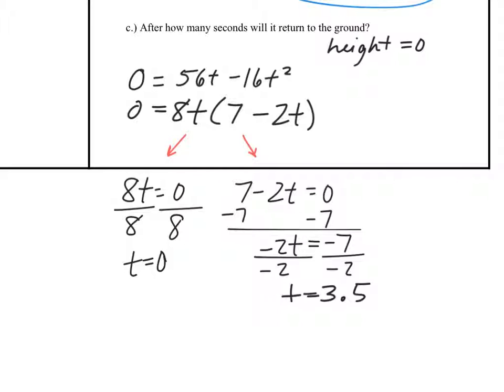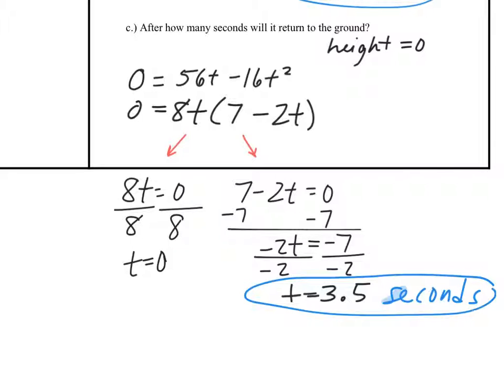At 0 seconds, it was at the ground, because that's where we threw it from. And then it returns to the ground at 3.5. So your correct answer is this one, because the other one doesn't make sense. I mean, it's correct. It was at the ground at that point, but we're talking about after it was thrown.